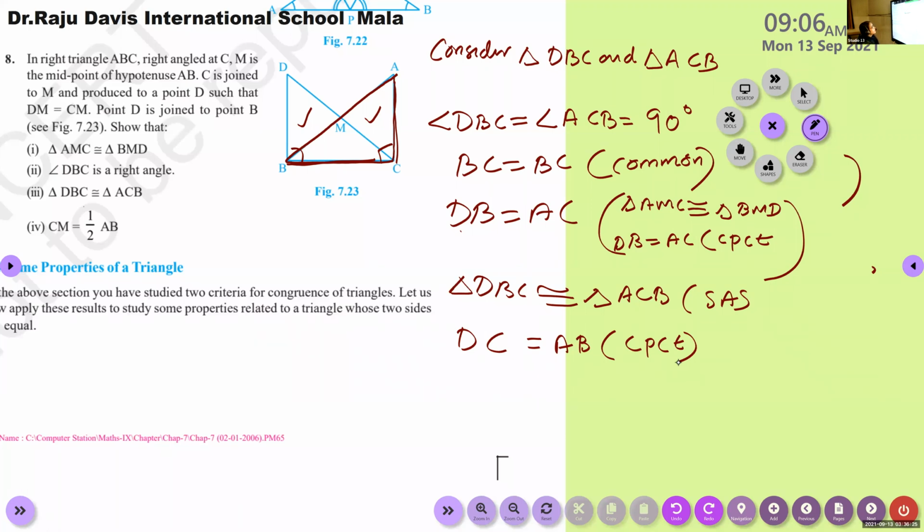But we know that M is the midpoint, given that DM and CM are equal. M is the midpoint of DC. So DC is 2 CM.